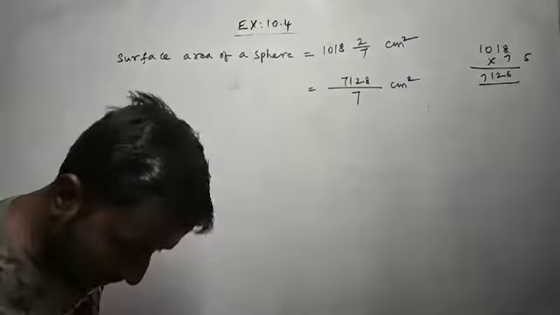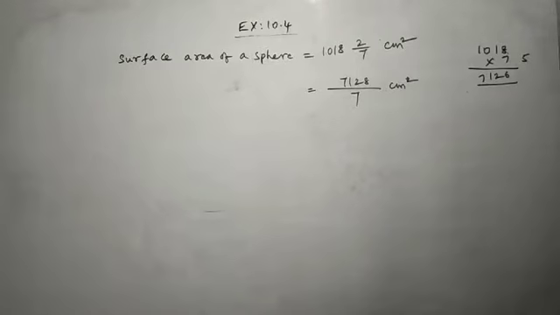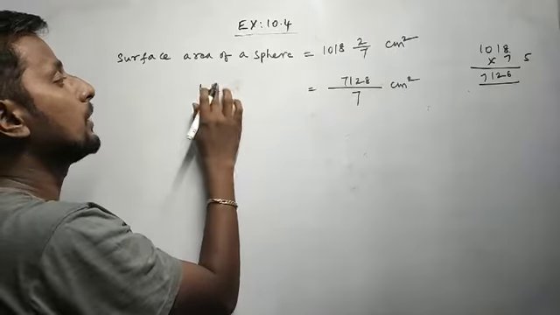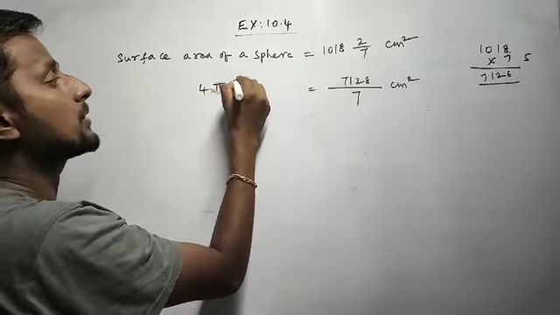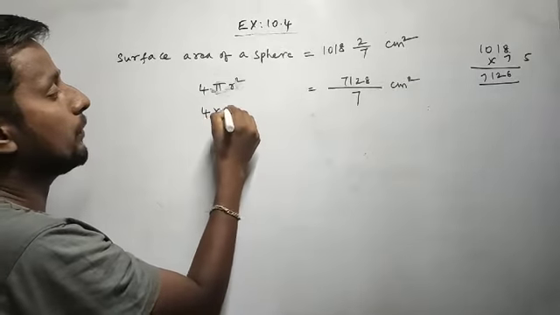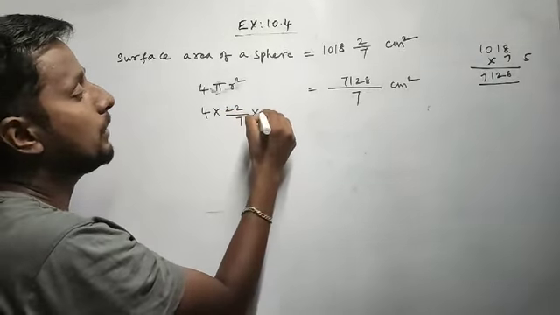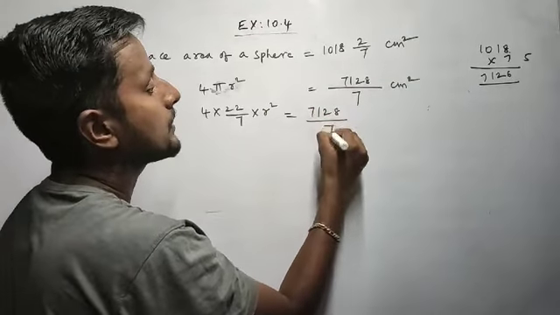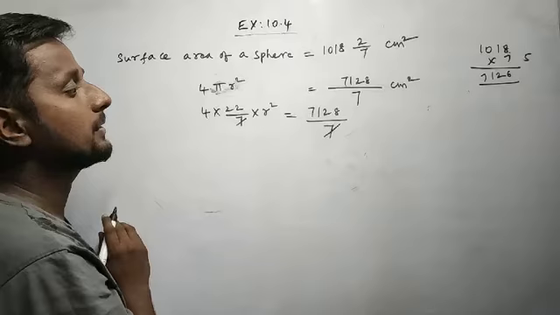But what is the surface area of a sphere formula? 4 pi r square, right? So if you write 4 into 22 by 7 into r square is equal to 7128 by 7, 7 and 7 get cancelled.